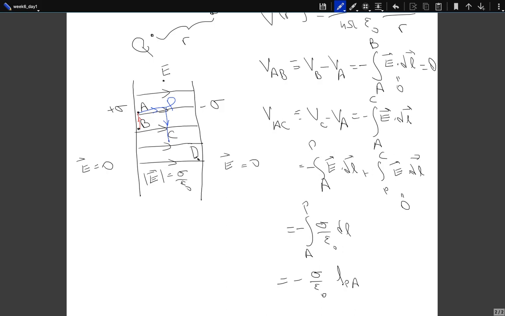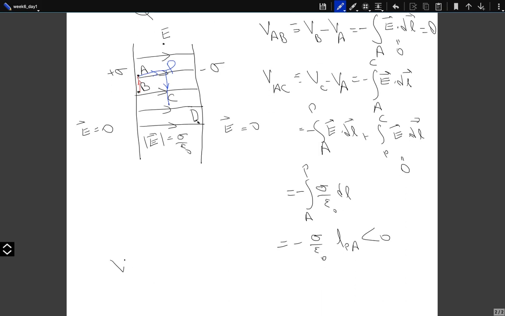This is positive, sorry. This is just the length. We are summing the magnitudes of the segments, so it just gives me the total length. Well, this is positive. So this difference is negative, less than 0. So this already tells me that VC minus VA is less than 0, or VC is less than VA. VA is larger than VC.